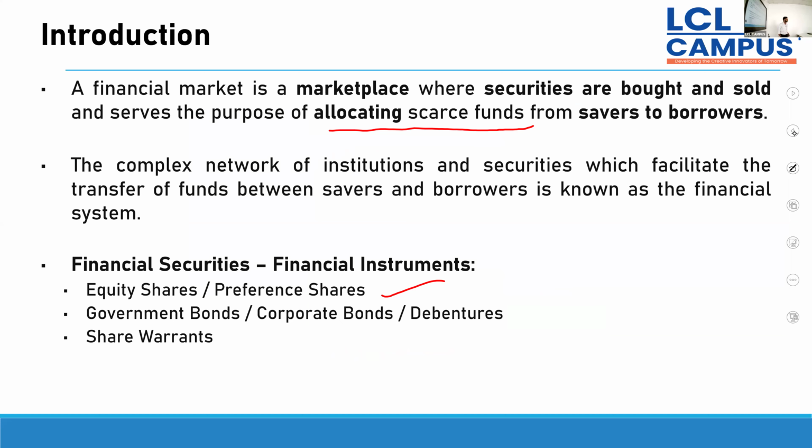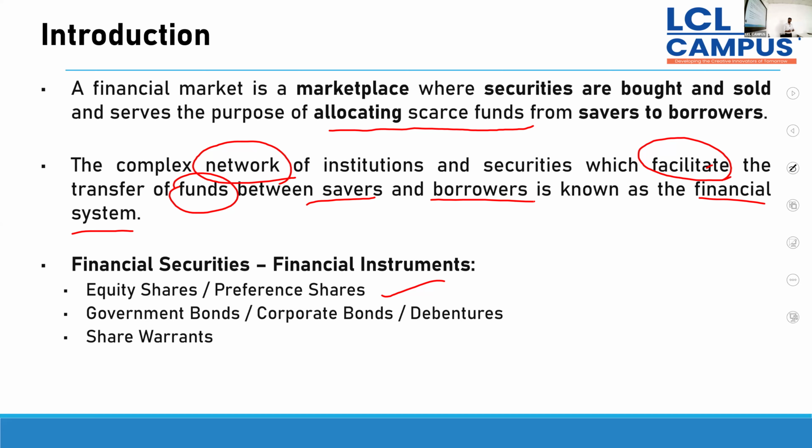If you are asked to define the term financial system, what should you write? It's a complex network of institutions and securities which facilitate the transfer of funds between savers and borrowers. That is called the financial system.